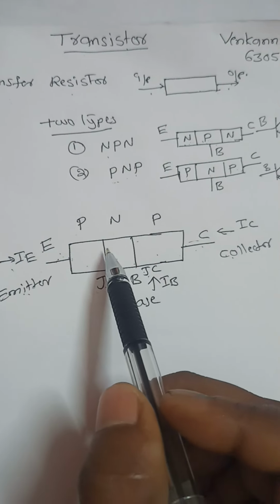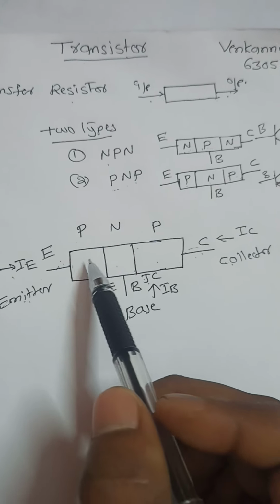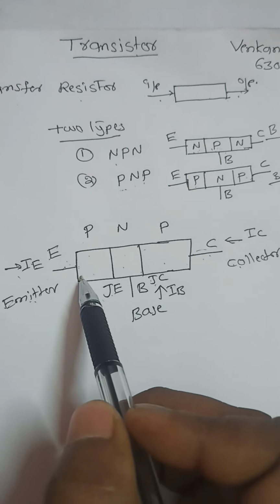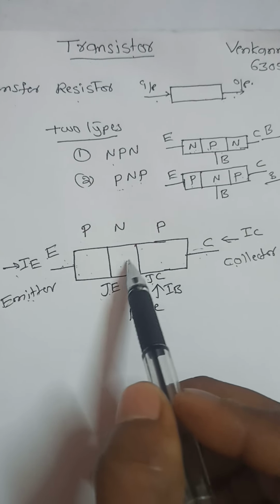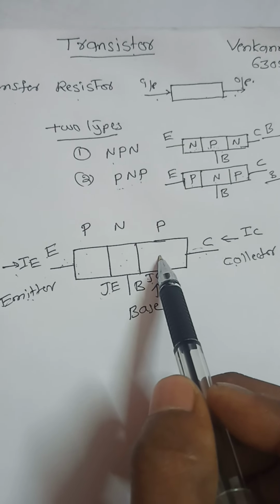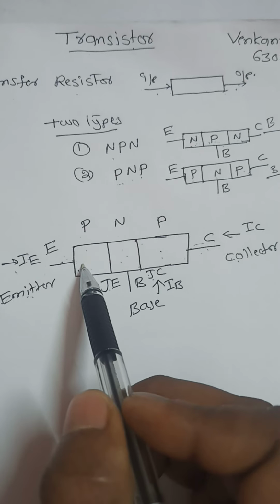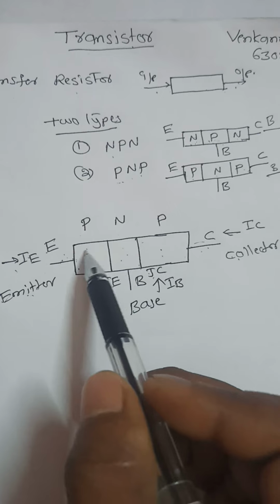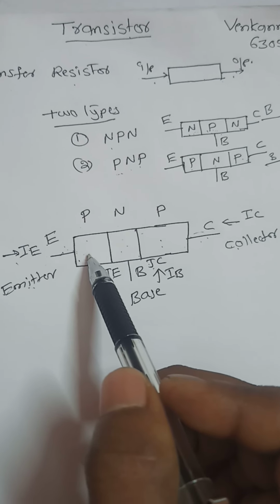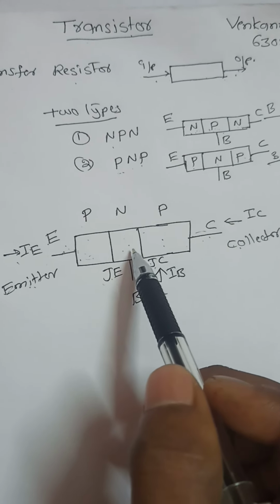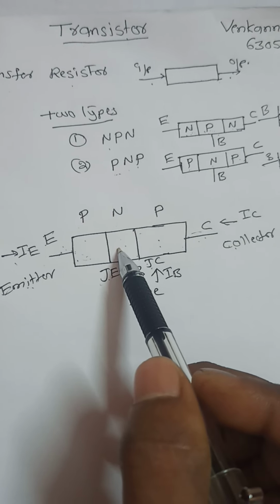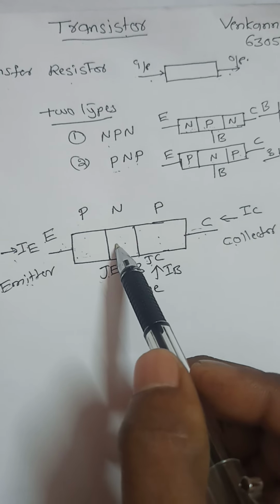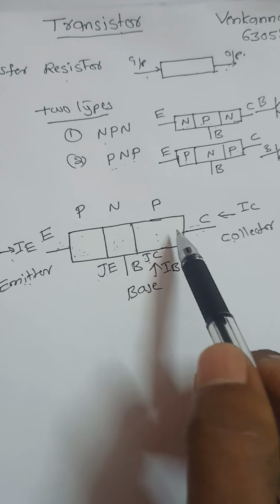So if you see the operation of, for example, a PNP transistor, here is the P-type semiconductor, this is the N-type semiconductor, and this is the P-type semiconductor. In the P-type semiconductor, the majority carriers are holes and the minority carriers are electrons. Similarly, in the N-type semiconductor, the majority carriers are electrons and the minority carriers are holes.